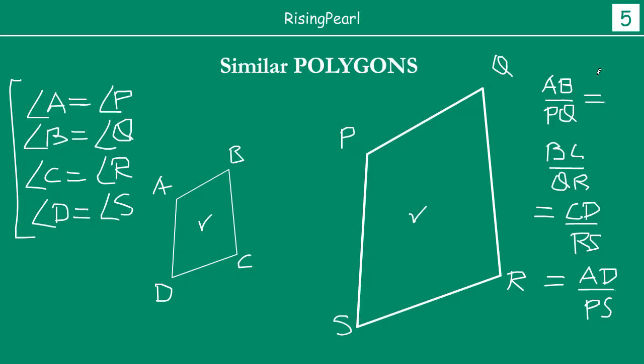So this is the second condition which states that not only do I have these angles being equal, in addition to that, my corresponding sides, that is this side to this side, that ratio must be identical to this divided by this, identical to this divided by this, and AD divided by PS.